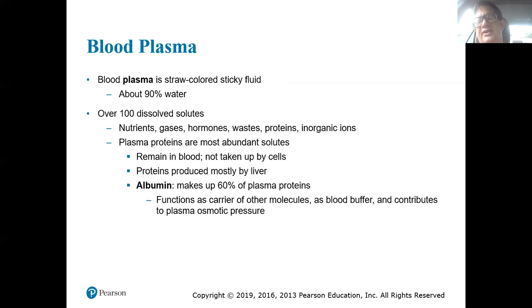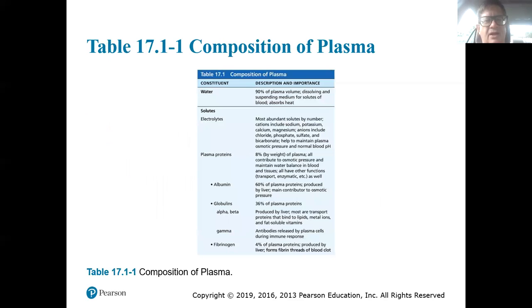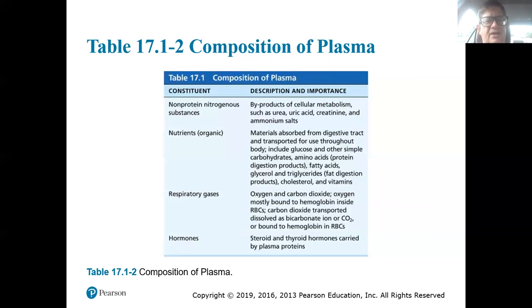The wanting to come back into the capillary is what we call osmotic pressure. So, anyway. All right, so here is a table that talks about what is in blood. This is table 17.1. Definitely know this table. All right, 17.1 part 2. Again, we're talking about what's in the blood plasma.